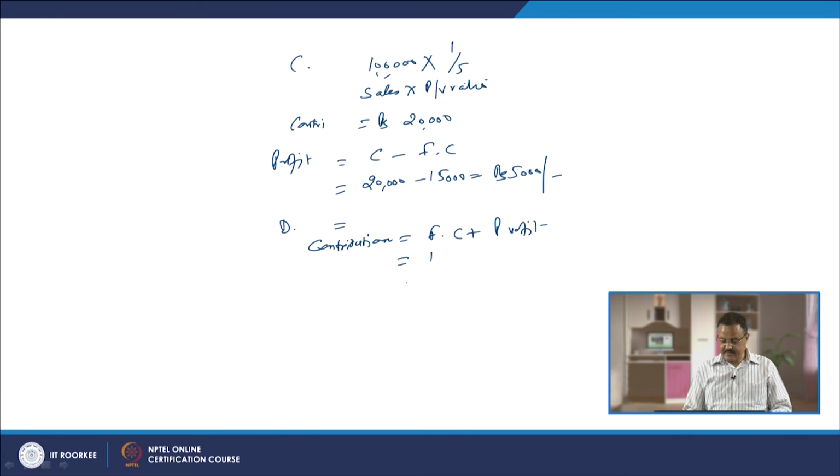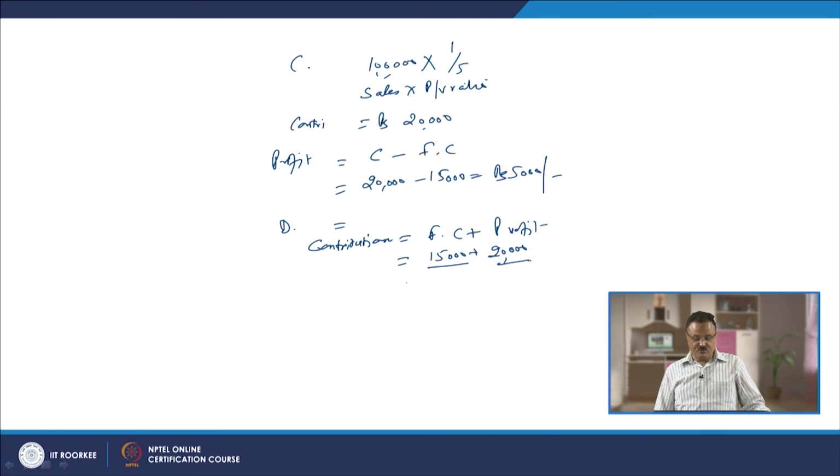What is the fixed cost here? 15,000. What is the profit we want? The profit is 20,000, the desired profit in the sales required. So, the fixed cost is this, and this is the profit.